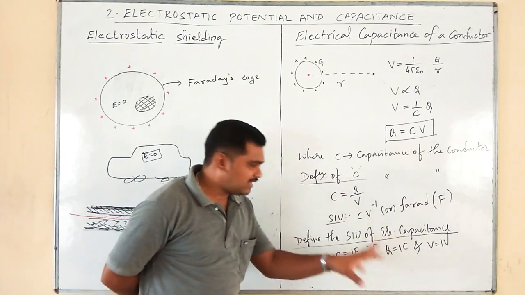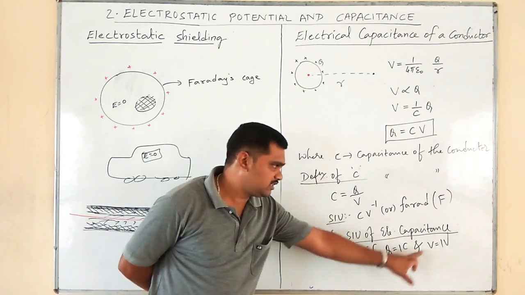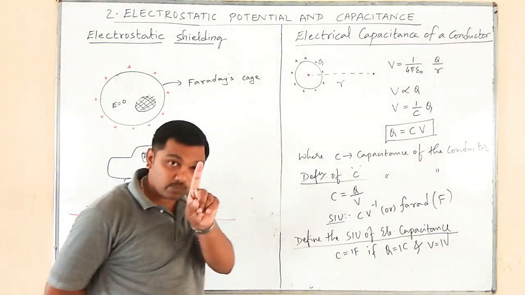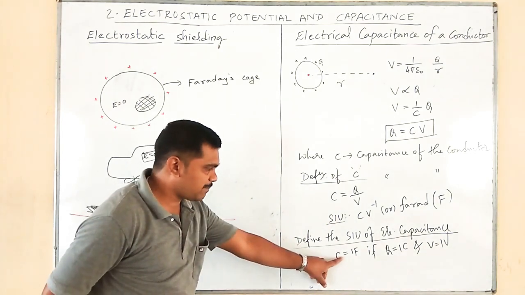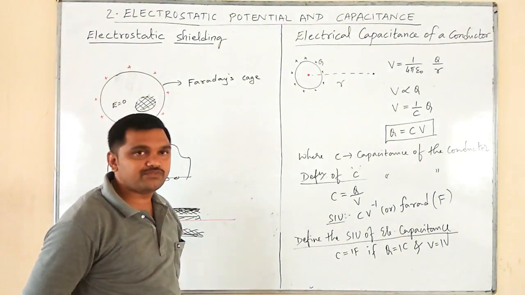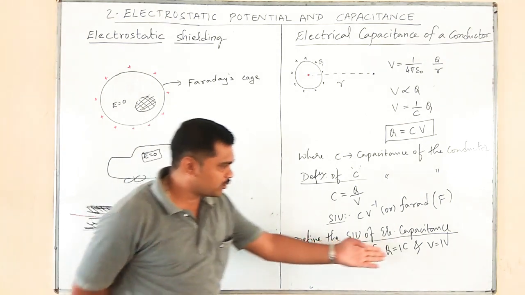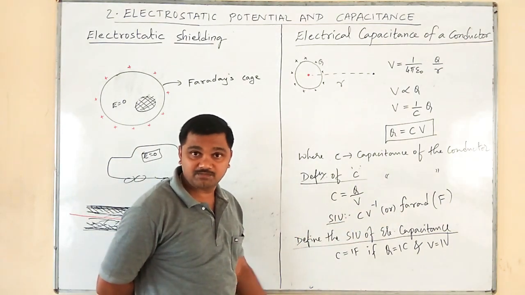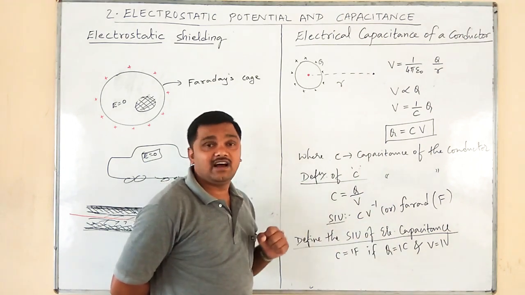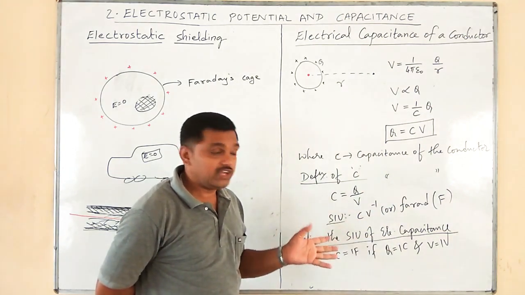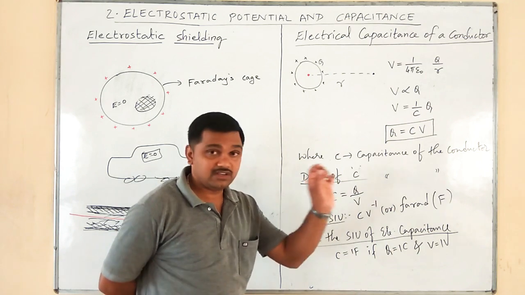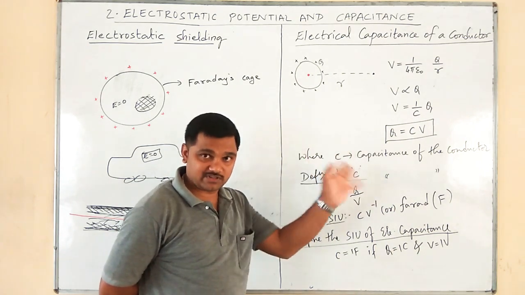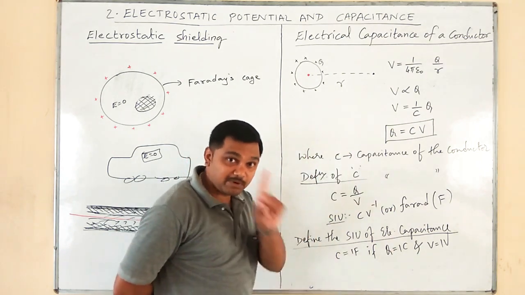So due to the addition of 1 coulomb of charge, if the potential rises by 1 volt, it means its capacitance is 1 farad. As you know, 1 coulomb is a very huge amount of charge. So 200 years are required to create 1 coulomb of charge if we remove 1 into 10 power 7 electrons per second.